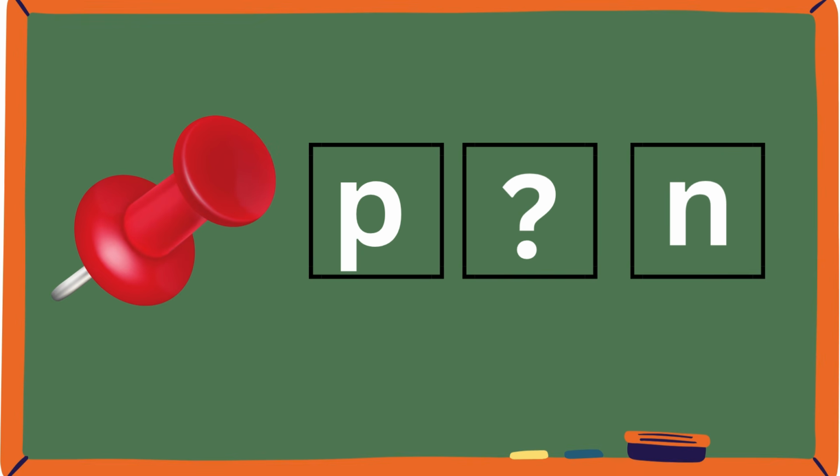So what letter could replace that question mark, which makes the I sound? If you're finding trouble finding the letter, make sure to think of some words which have the I sound. Maybe that will help you find out the letter. If you said I, well done. Wow, you guys are really rocking this.